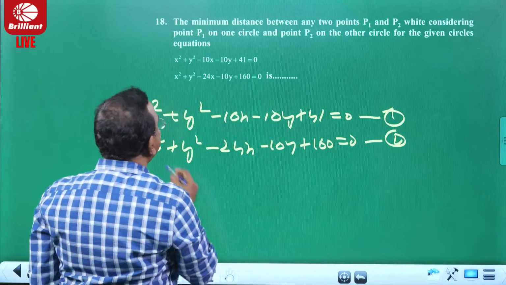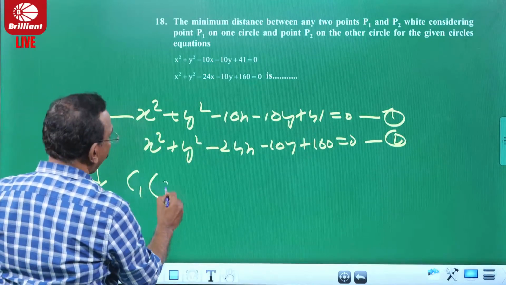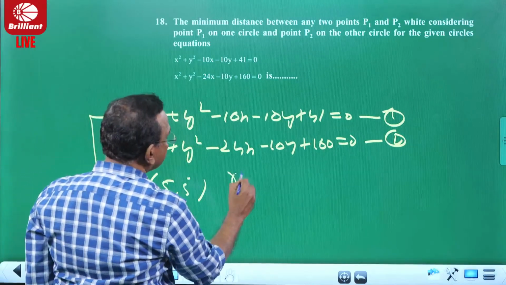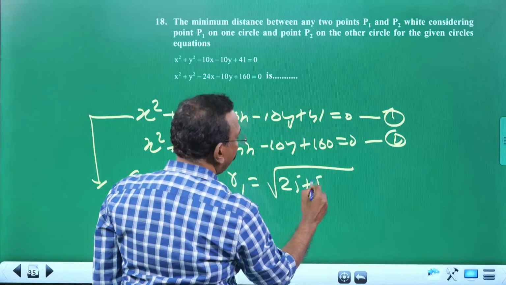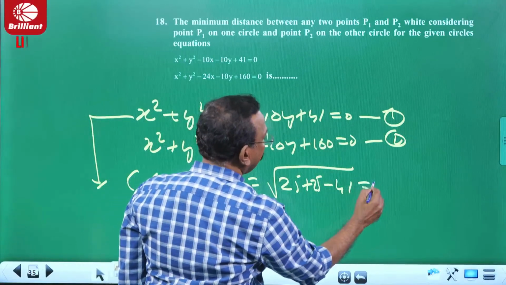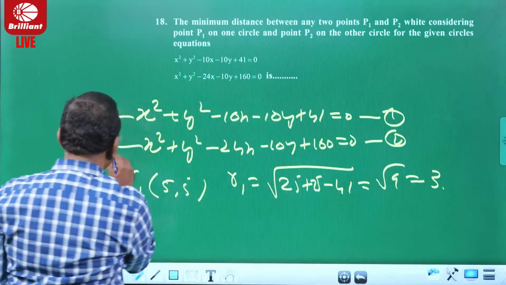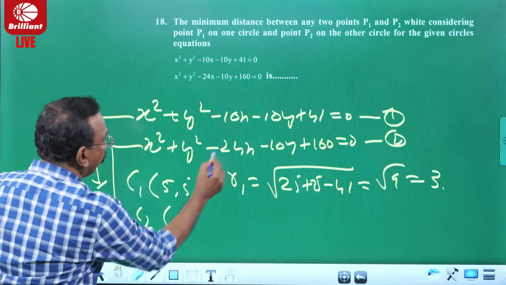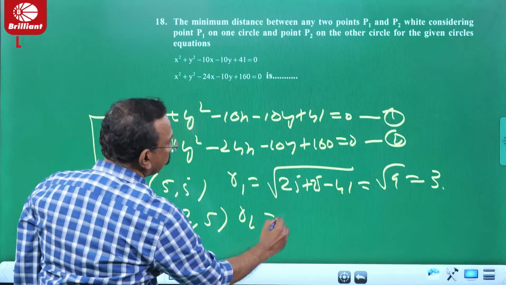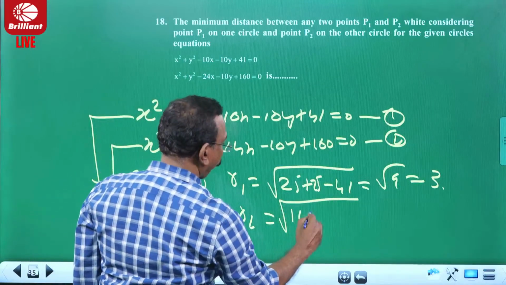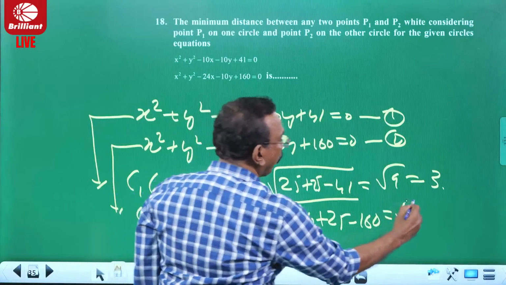Look at this. This is actually a circle form, whose center C1 is 5, 5 and radius R1 is equal to square root of 25 plus 25 minus 41, that is root 9, equal to 3. At the same time, the second equation will give center 12, 5 and R2 equal to square root of 144 plus 25 minus 160, which is again root 9, equal to 3.